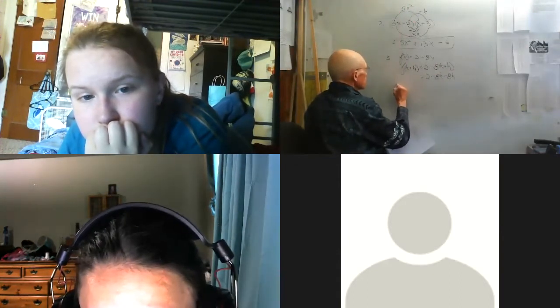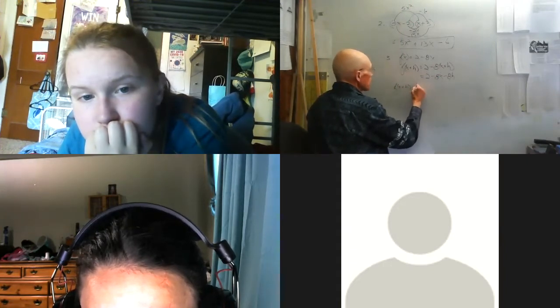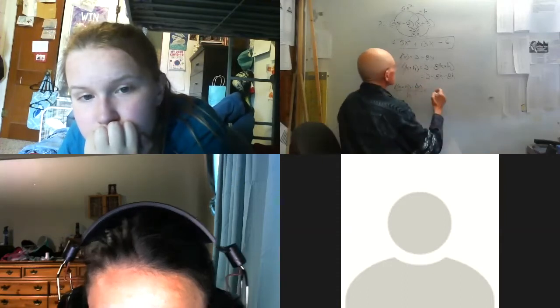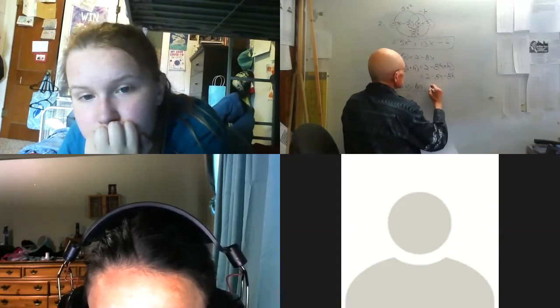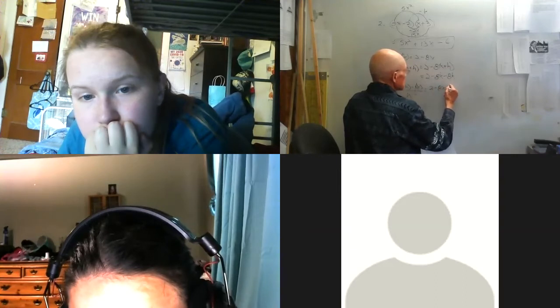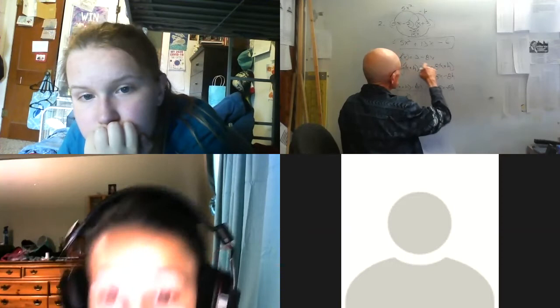So f of x plus h minus f of x over h equals, in place of f of x plus h, we'll write 2 minus 8x minus 8h, and then minus f of x.